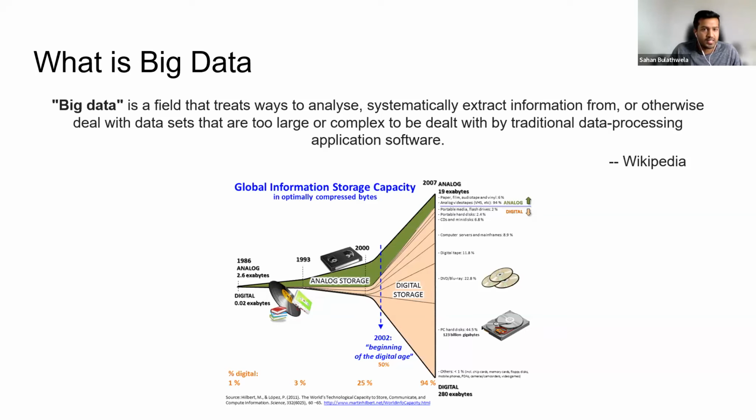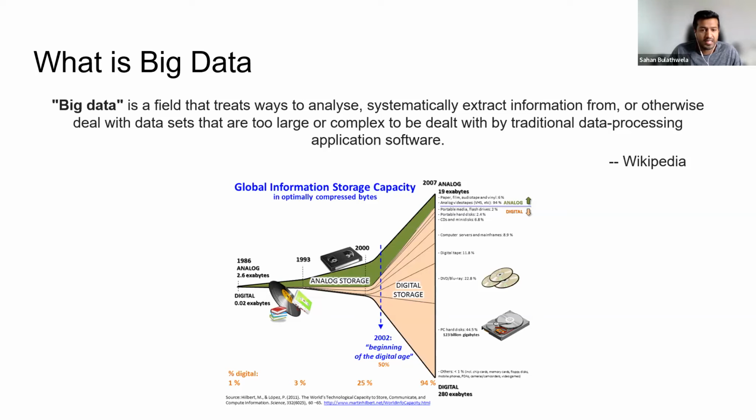In layman's terms, if the data set that we are dealing with is very hard to deal with in a conventional computing system, for example a laptop or a personal computer that we have, we can think of this data as big data.